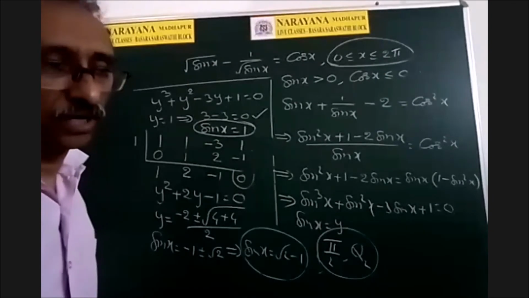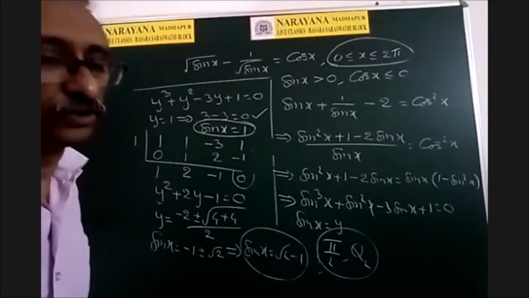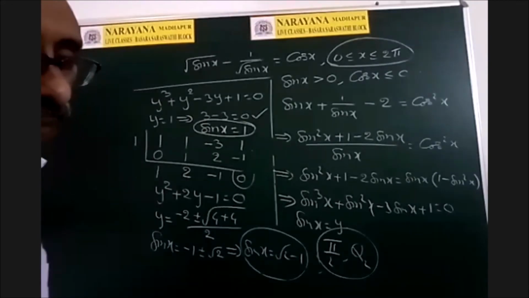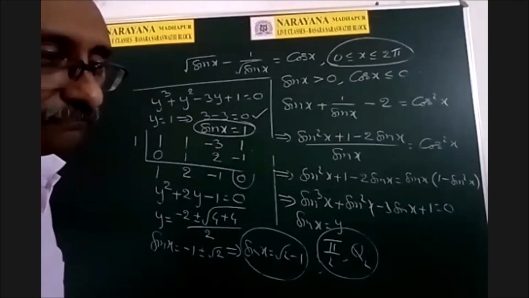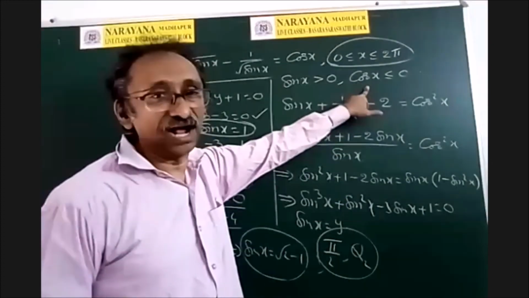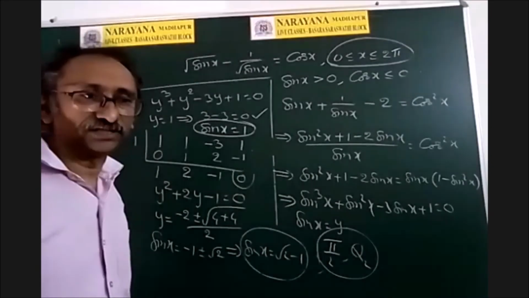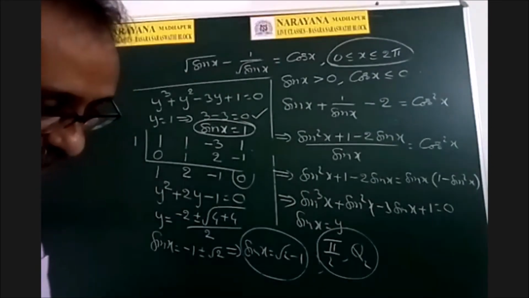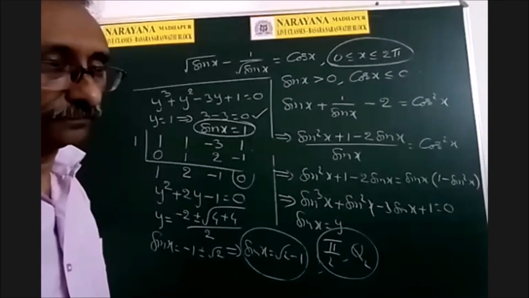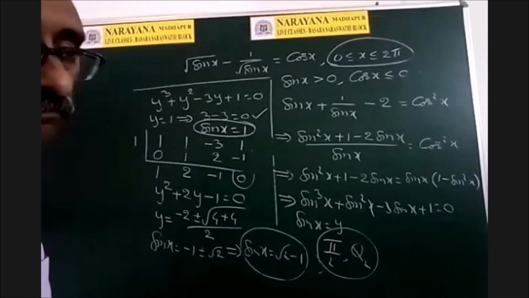Is it positive or not? Yes, sir, it's positive. Sin x is positive in which quadrants? In first and second. But we have to get cos x negative. So in those two quadrants, cos x is negative in which quadrant? Sir, why is cos x negative, sir?